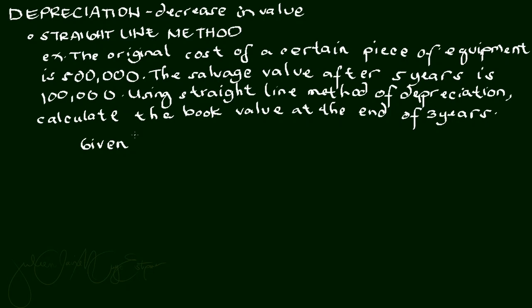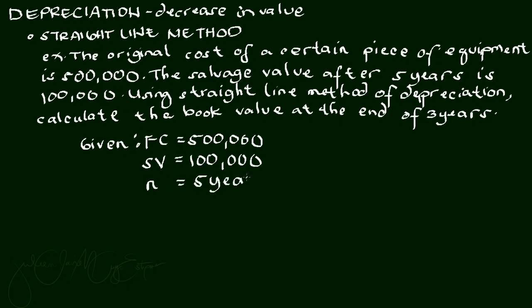So given your first cost equal to 500,000, your salvage value equal to 100,000, and your useful life of 5 years, we are now required to get the book value at the end of 3 years.